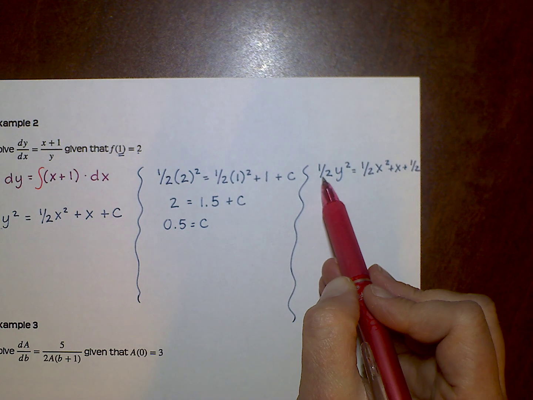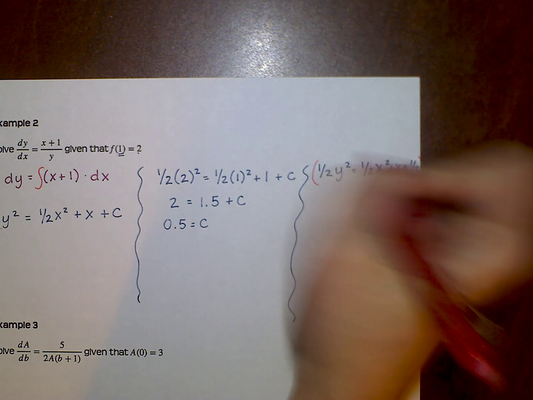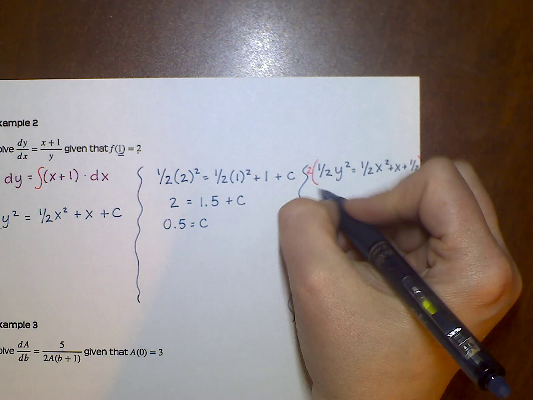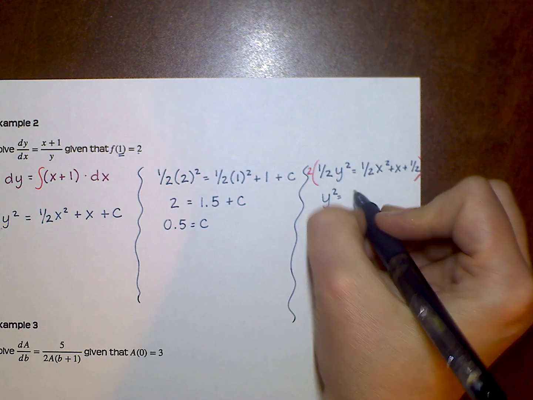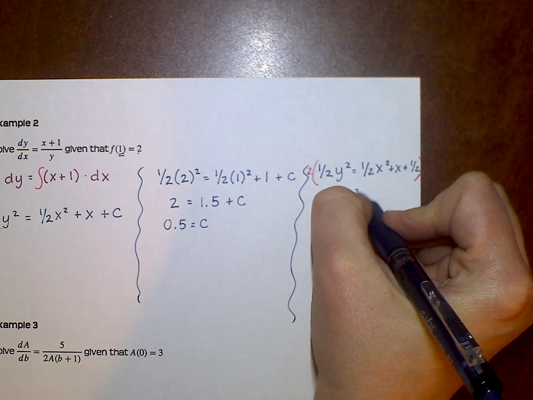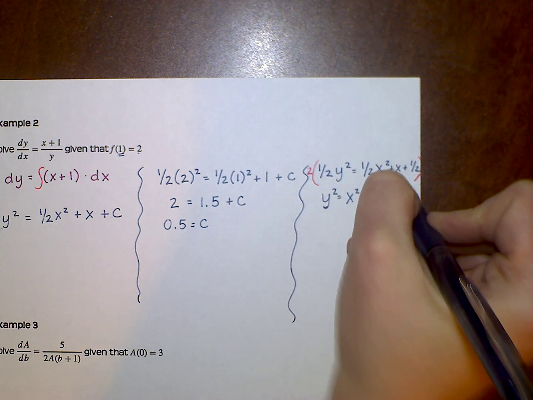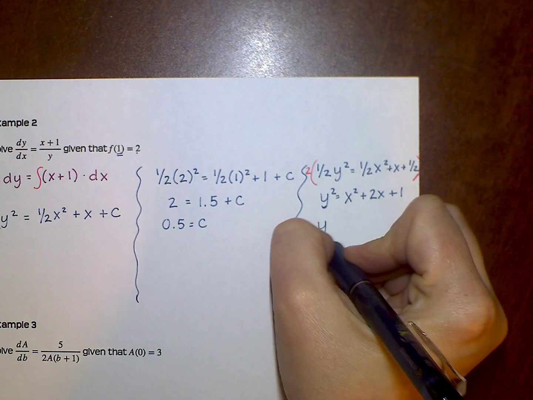So probably the first thing I would do is go ahead and multiply everything by 2 to get rid of that 1/2. So now I'm going to have just a plain old y squared equals, now this will be a 1x squared plus a 2x plus a 1. And then I'm going to take a square root, and I'm going to say y equals.